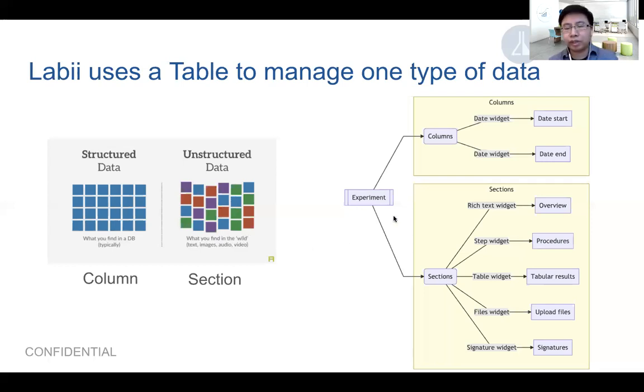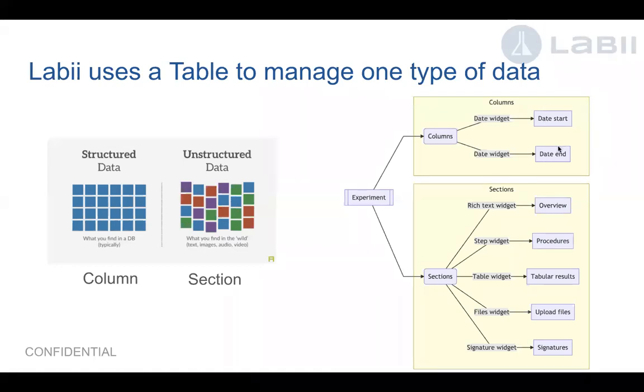I will give you one quick example. If we have an experiment, this experiment can have many different columns. For example, you want to document the date start and the date end of this experiment. You can also have many different kinds of unstructured data, like the sections. For example, the first one, you can document the overview: what's the purpose of this experiment? The procedures being used.